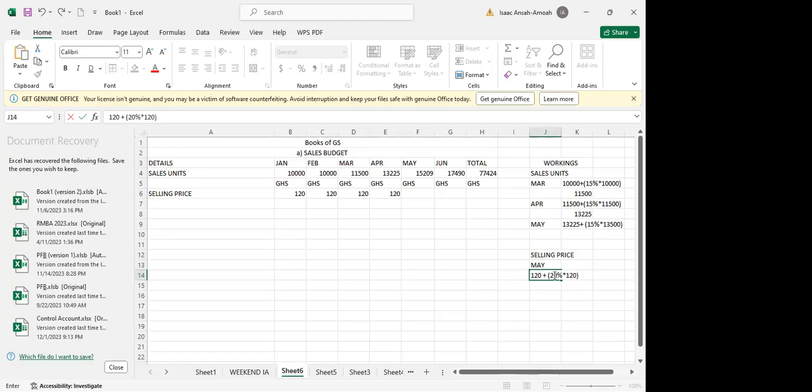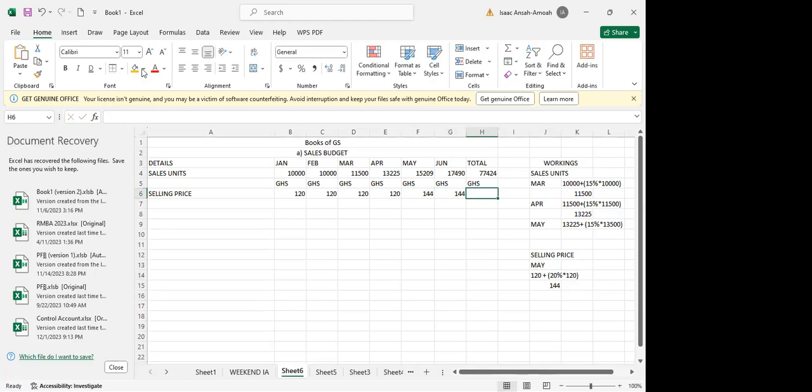So what do we get with that? That will be 144. June too would have 144. So June will maintain 144 because of the word thereafter.